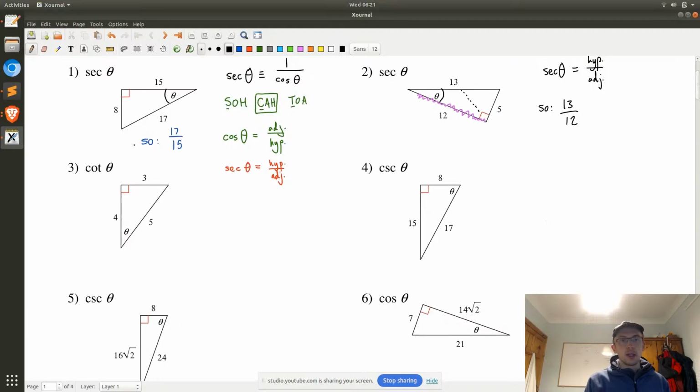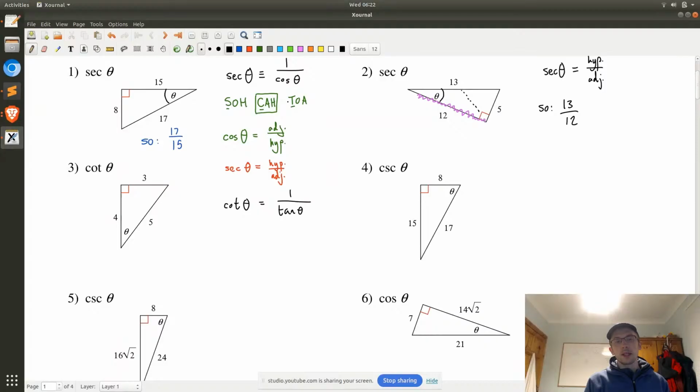Okay. What about cot of theta? Cot of theta, also known as the cotangent of theta, is 1 over the tangent of theta. Let's write that down. Cotangent of theta is 1 over the tangent of theta. And the tangent of theta, going by SOHCAHTOA, is this one here.